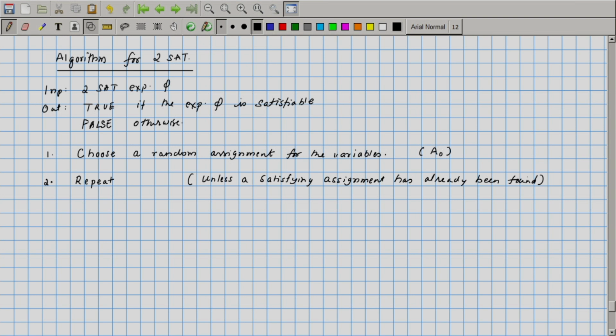So, in between, if you find a satisfying assignment at any stage, you will quit, otherwise you will repeat these steps m times 2 times n square times, where n is the number of variables.